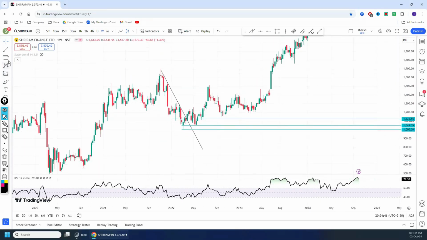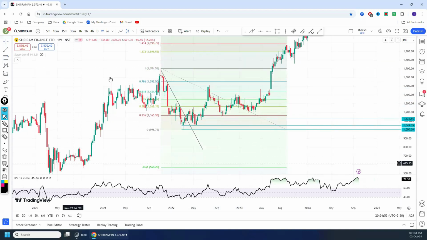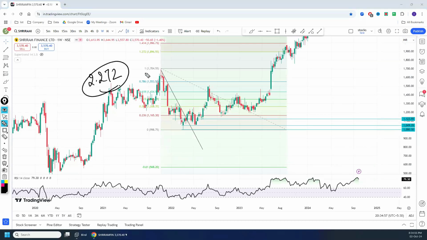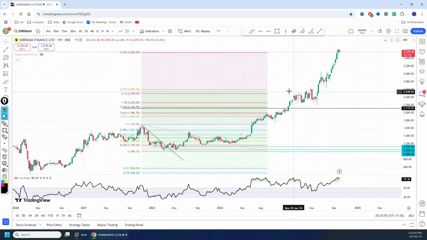So my targets are based on this level, which is 2.272 of Fibonacci. This is my target. If I come here, this pretty well has hit my target.